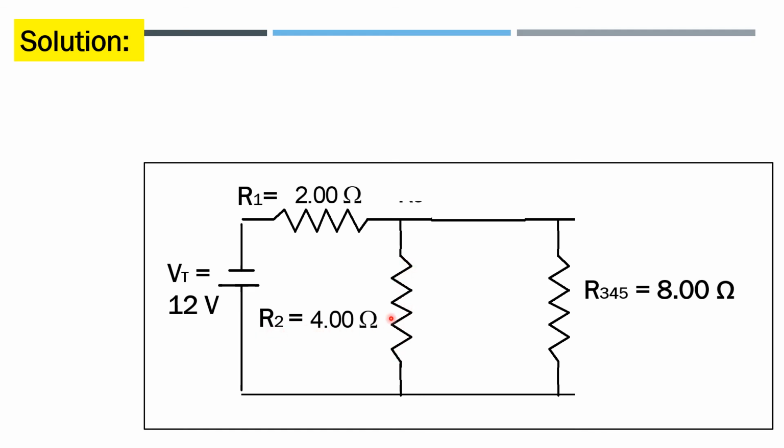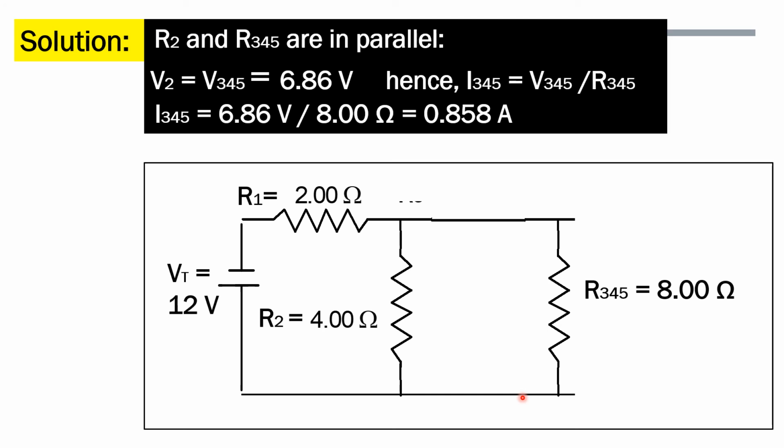Obviously, since they are parallel, we can use the fact that in a parallel circuit, the total voltage is just equal to the individual voltages. So that's what we're going to use to determine the voltage across V sub 2, although we already determined that earlier.